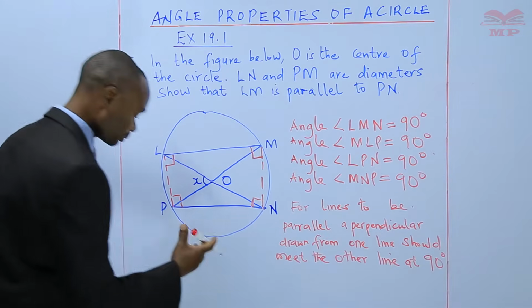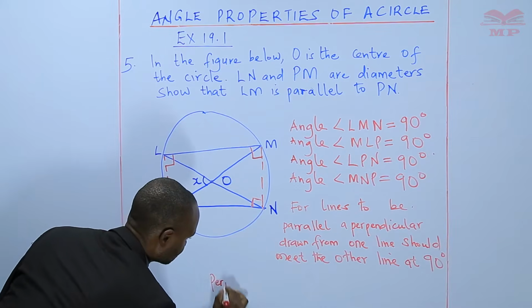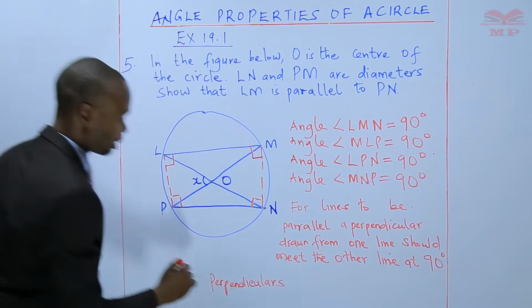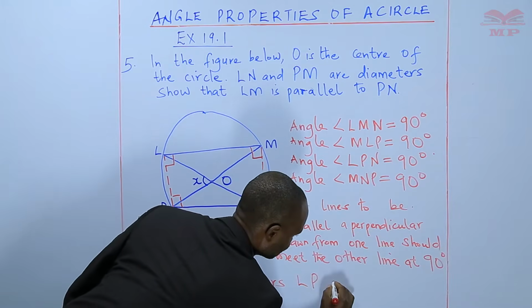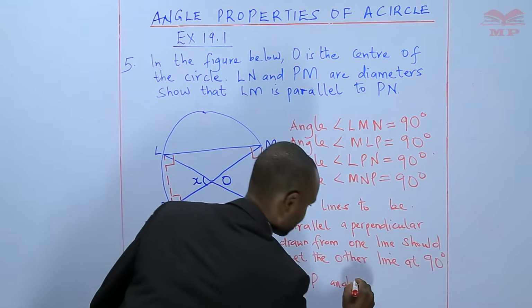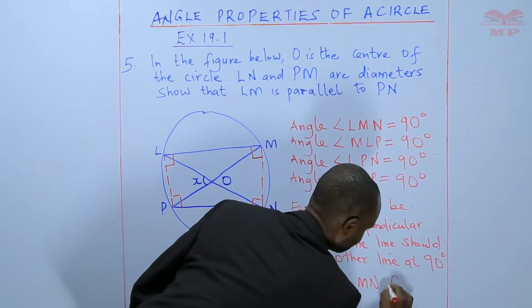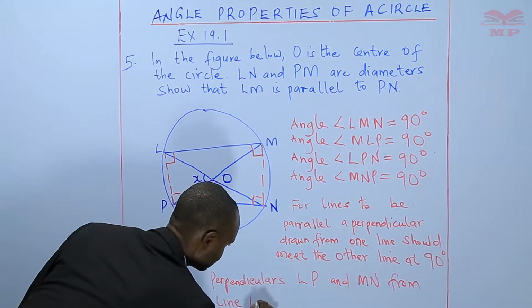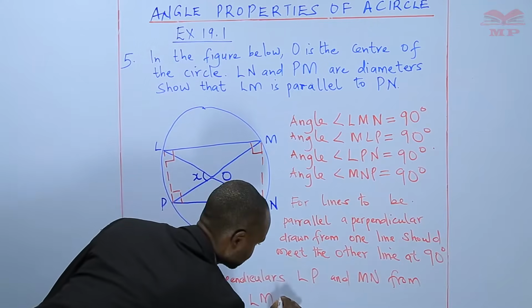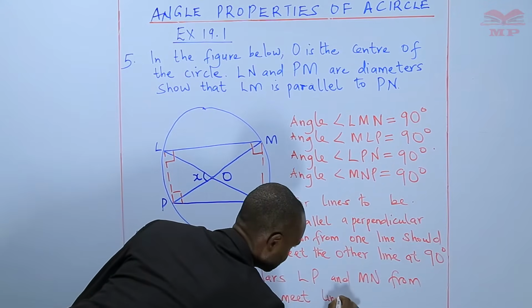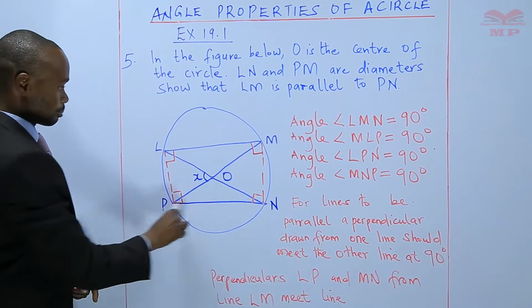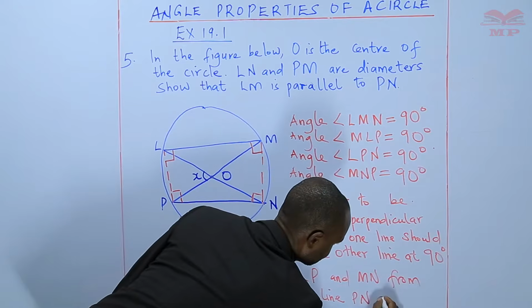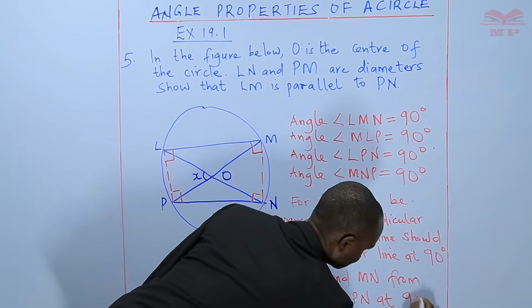So you simply say, perpendiculars LP and MN from line LM meet line PN at 90 degrees.